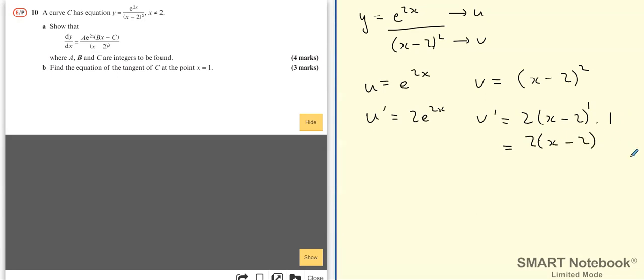Now, thinking about it objectively, is it sensible to expand the bracket for v dash when we try to look at the answer? No, it wouldn't, because that then won't help me cancel out.